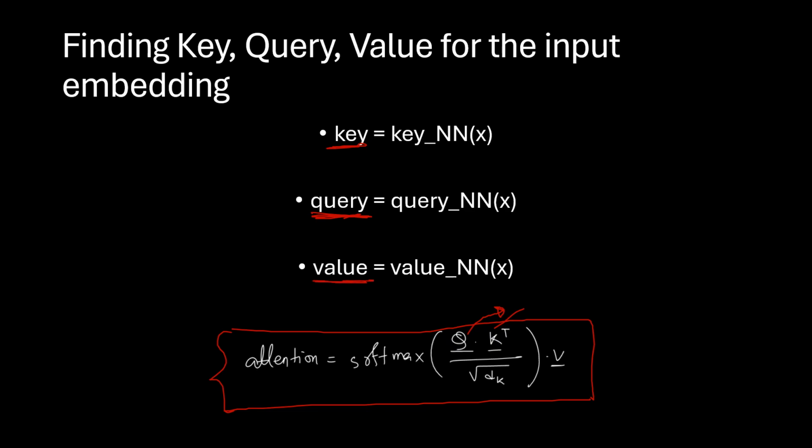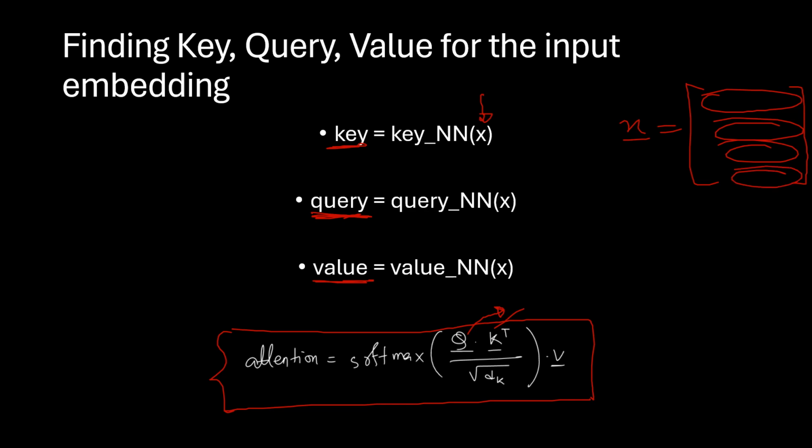First of all, we will create a key matrix from our input embedding matrix. X here is our input embedding matrix that we just saw in the previous slide. X is the embedding matrix consisting of 4 rows corresponding to 4 words.